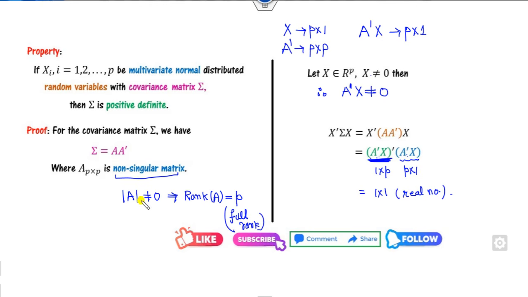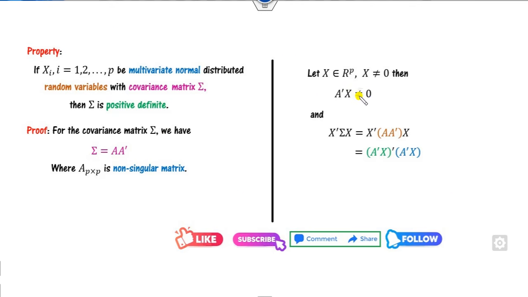Fine, because if A transpose x is 0, for example, what does it mean? Either A will be 0 or x will be 0, but x is non-zero, so A would have to be 0. If A were 0, is it non-singular? No, then it's singular. So none of them will be 0. So this quantity is non-zero, and the transpose of this is also non-zero.